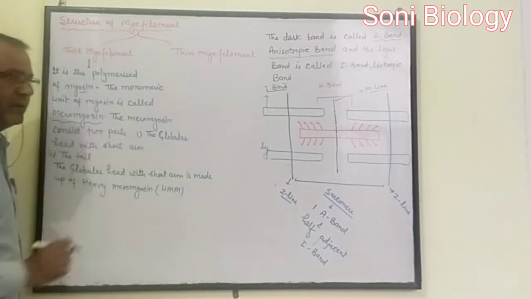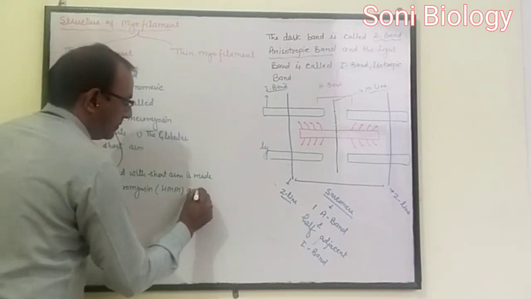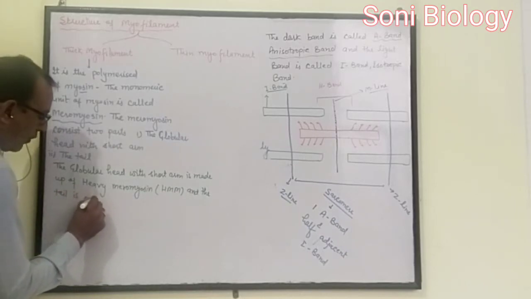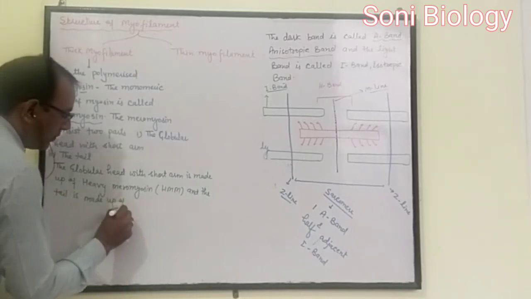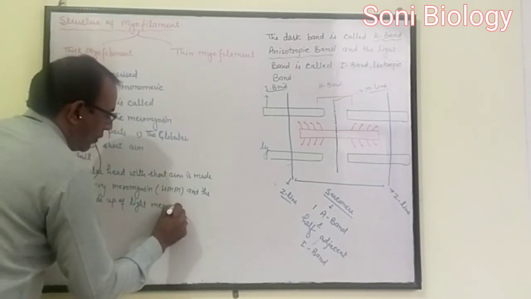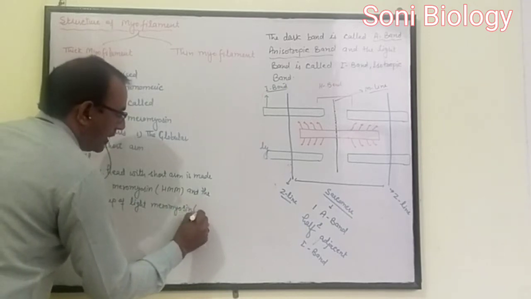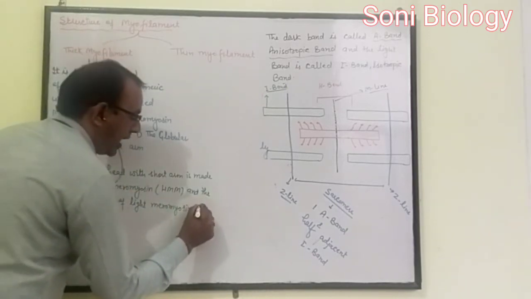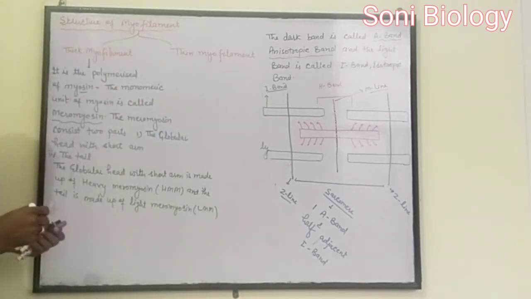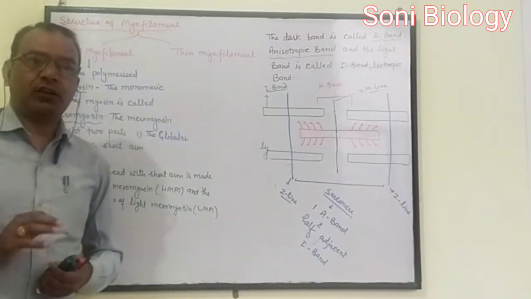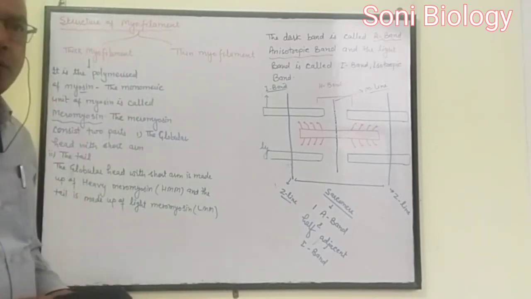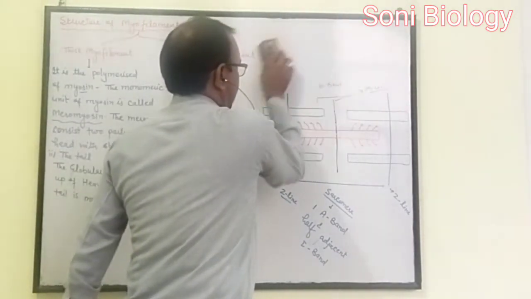It means heavy meromyosin. And the tail is made up of light meromyosin, which is LMM. The globular head contains two binding sites. One is the actin binding site and the other one is the ATP binding site.